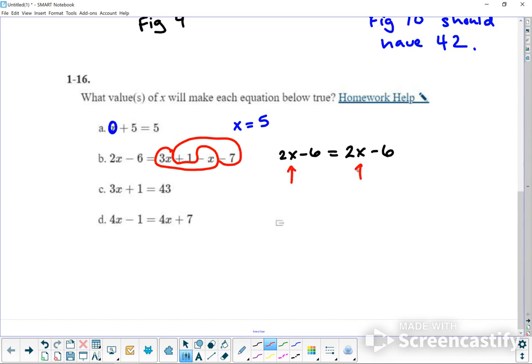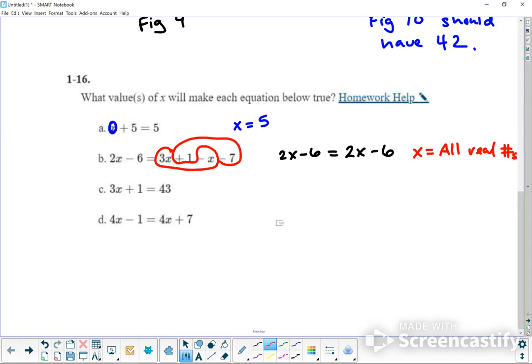So x could be 1 in both, could be 11, could be 110. As long as they're both the same, it's always going to come out the same. So x is just all real numbers. Basically, any number works. So x equals all real numbers.